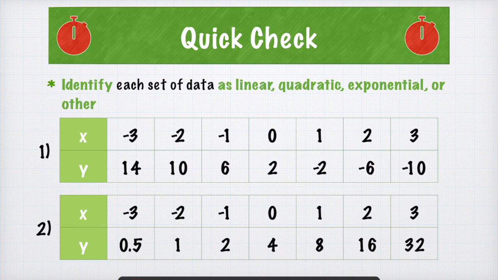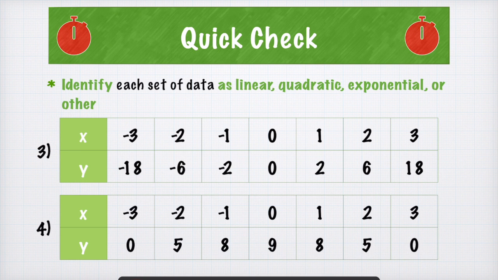If the first difference is the same, it's linear. If the second difference is the same, it's quadratic. And if it's a common multiplication, then it's going to be exponential. So go ahead, pause here. And then when you're done with that, go ahead and pause here so that you can take a crack at it.